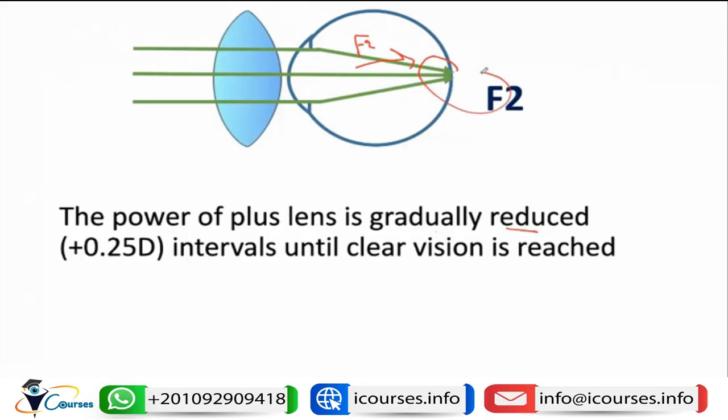When it reaches his retina, the image will be focused and the vision will be clear, and the patient will report that this is the best vision he can attain. So for example, if the F2 is on the retina and the patient reaches the clearest vision with +3, then the patient's spherical error is +3.